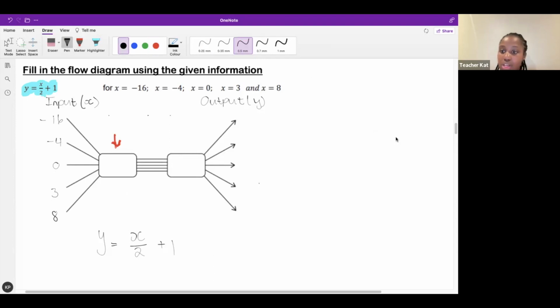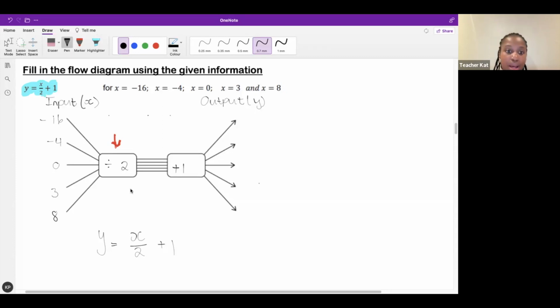It's not actually a fraction, it's a division. Okay, it's x divided by 2. So here we're going to have a divided by 2. And then what happens after we divide by 2? Nice, we're going to add 1.